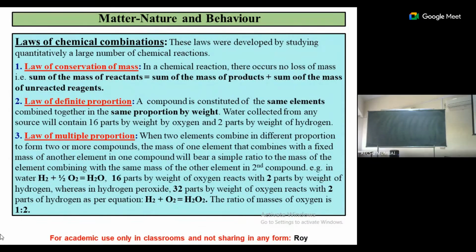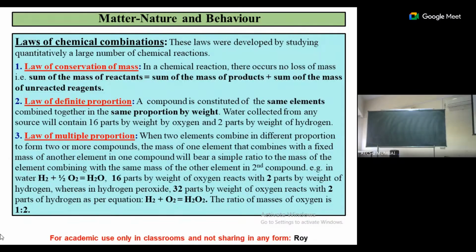So the law of constant definite proportion says that any compound is made up of fixed elements combined together in a definite ratio by weight. For example, water collected from anywhere, from your water bottle or from the tap or from the pond, contains 16 parts by weight of oxygen and 2 parts by weight of hydrogen. Clear?